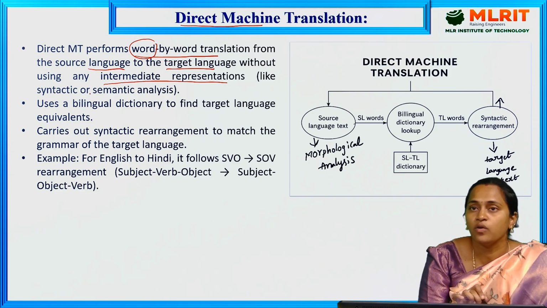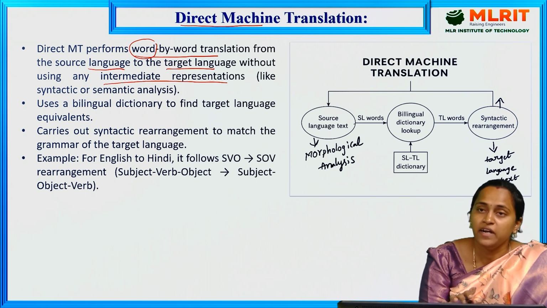That means we are not following any rules like syntactic or semantic analysis, tense, number, or gender. We are directly transferring from source language to target language without any intermediate representation.